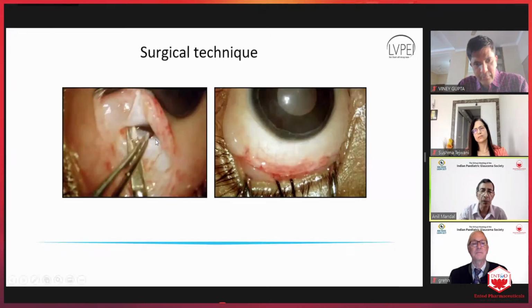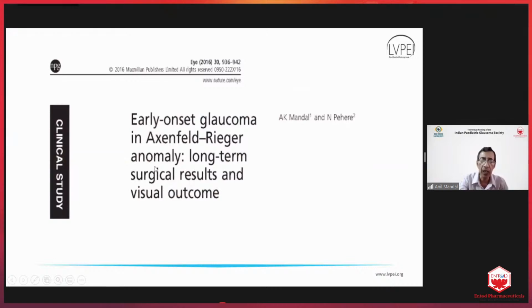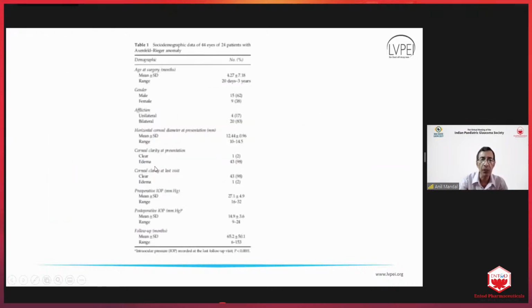Here, at the end, the trabeculectomy part is completed, and we suture the superficial scleral flap using only one 10-0 nylon suture at the scleral flap apex. This paper was highlighted by Dr. Sirisa also.